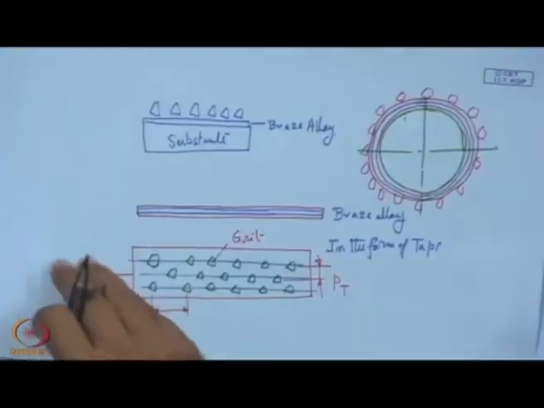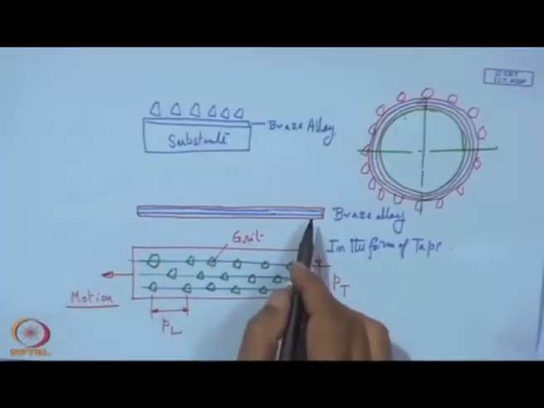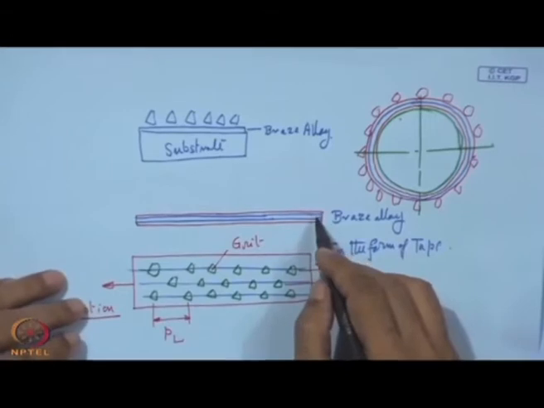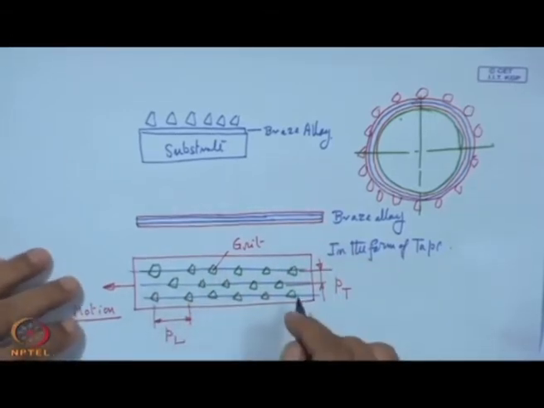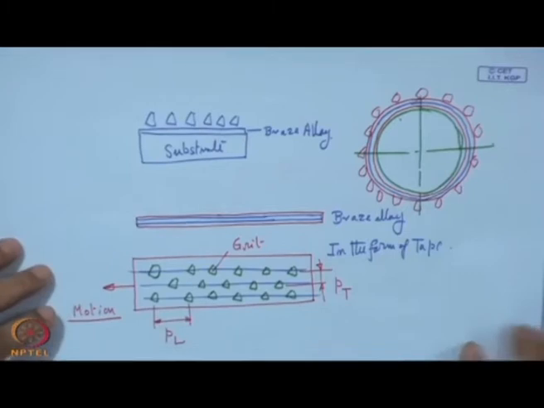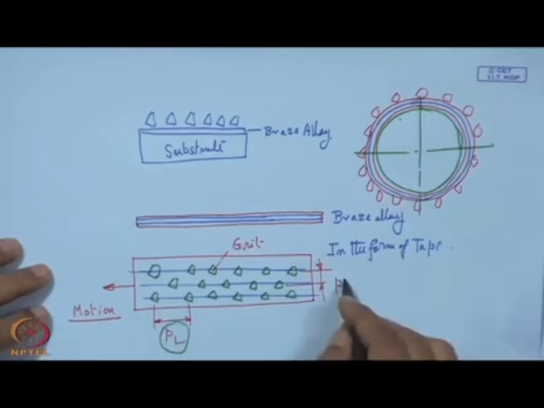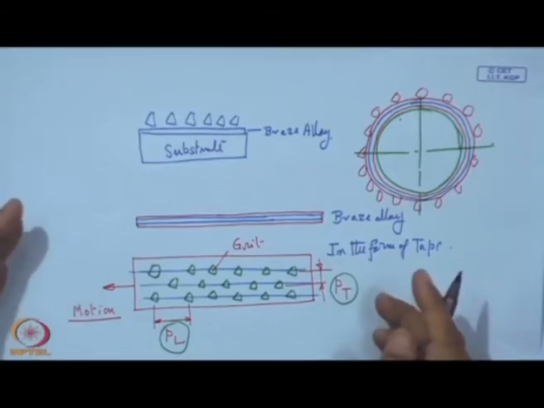But the whole thing is centered around this: we must have a process of getting such tape with temporary adhesive, so that with this screen printing technique we can have different patterns of grit distribution. It can be small size, it can be larger size, we can adjust the value of PL, we can adjust the value of PT, from the mesh or the sieve which is part of the screen printing technique.